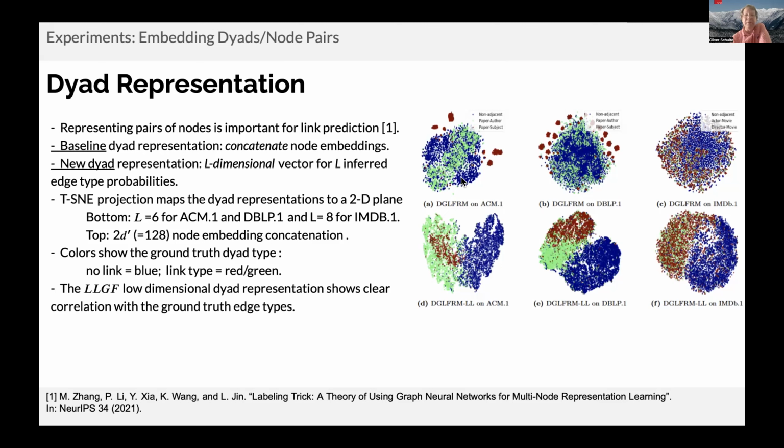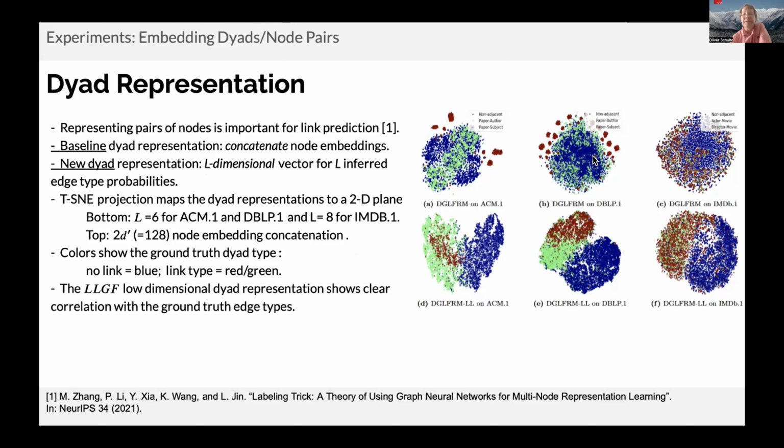And so the thing to compare is the top versus the bottom. DGL FRM is one of the standard autoencoders, a very strong performing one. And if you add latent layer inference to this and use our new dyad representation, you get a cleaner separation of the classes. Similar for DLP.